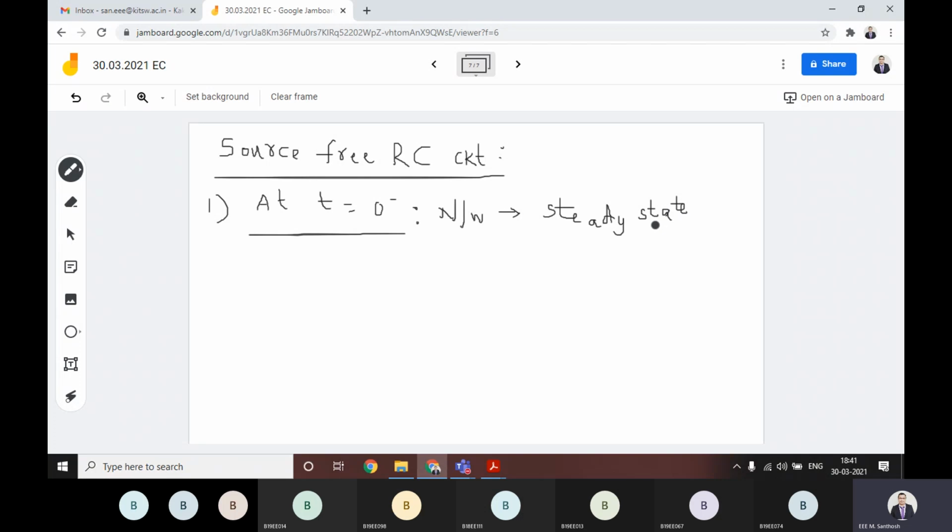Then at t is equal to 0 we are switching on, the source is connected. Whenever you connect the source at t is equal to 0, how does this capacitor act, like a current source or a voltage source? Can anyone tell us?